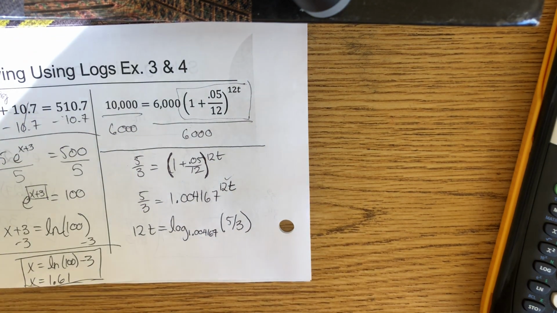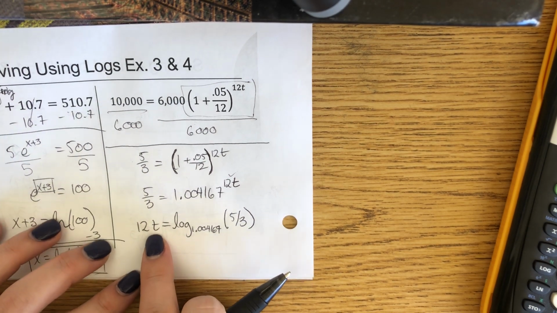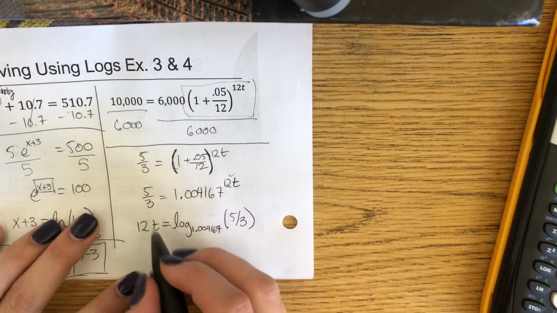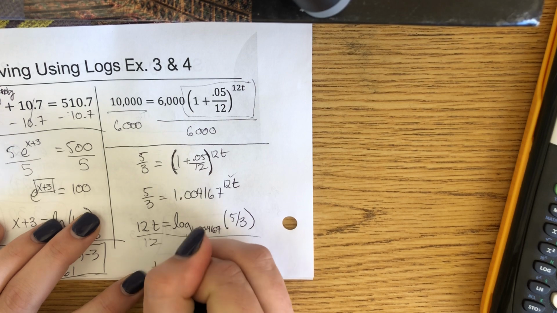That's how I convert this to a logarithm in order to solve. So t isn't quite isolated. For this one, I'm just going to divide by 12, but you'll see how I enter it.